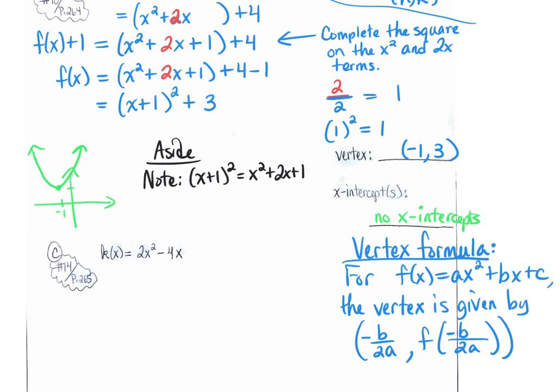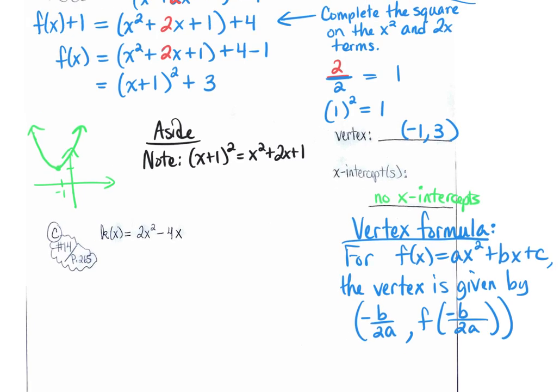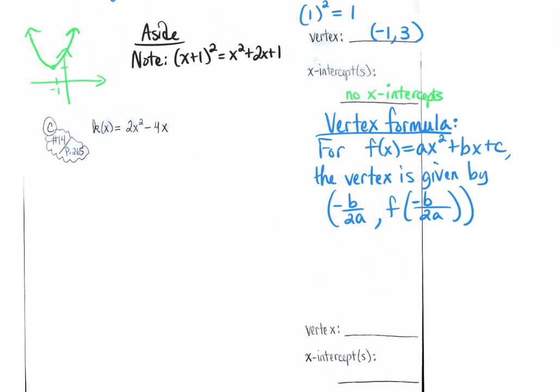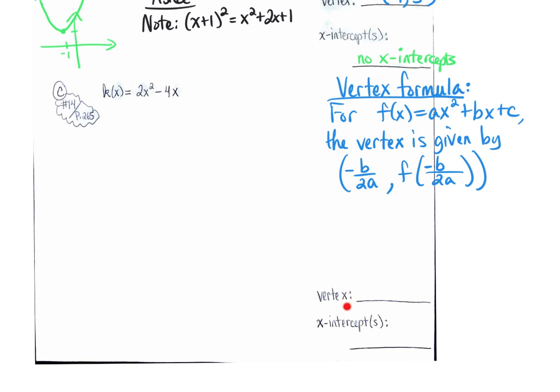Okay, so C, we have k of x equals 2x squared minus 4x. We're going to use the vertex formula. We want to identify our vertex and our x-intercept or intercepts, if they exist. So, what is A? What is A? 2.